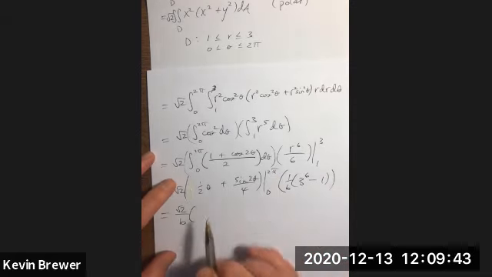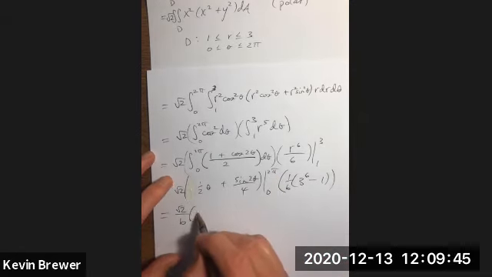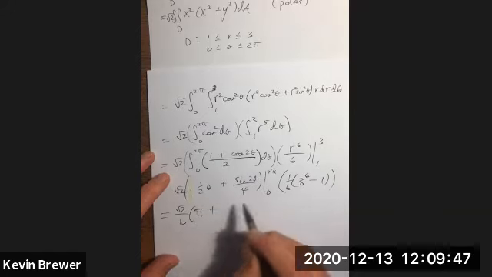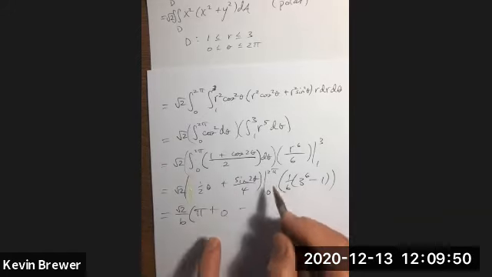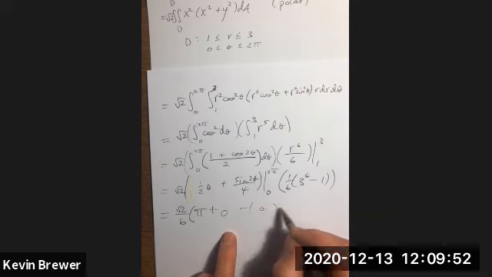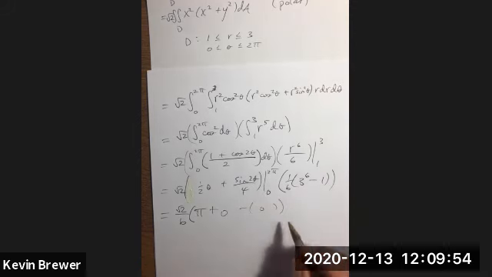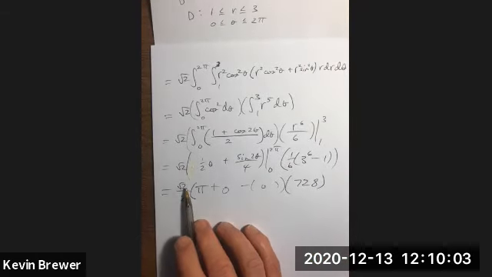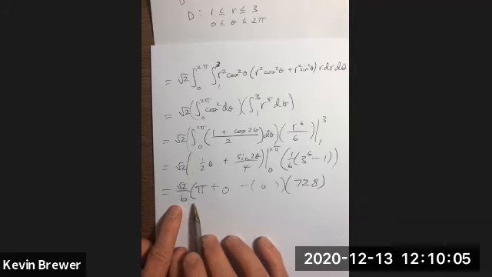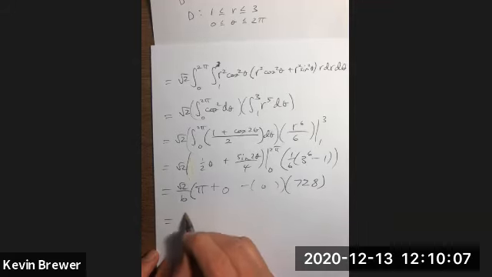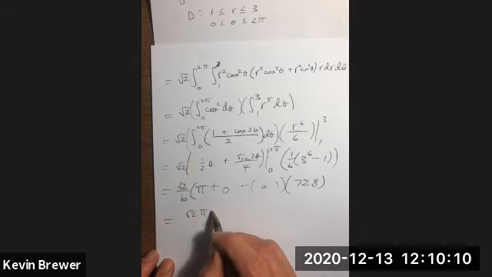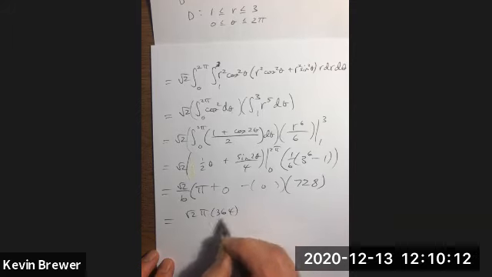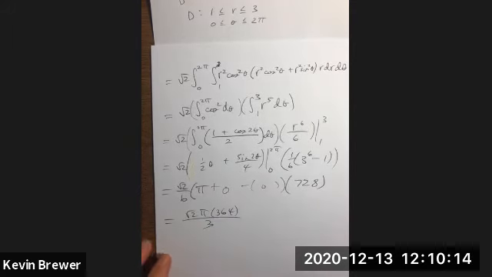Plug the 2 pi in, we get pi plus 0 minus, and then a bunch of zeros, times 3 to the 6th minus 1, which is 728. So I'm getting square root of 2 times pi times 728 over 6, which is square root of 2 pi times 364 over 3.